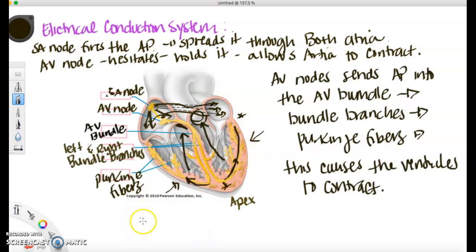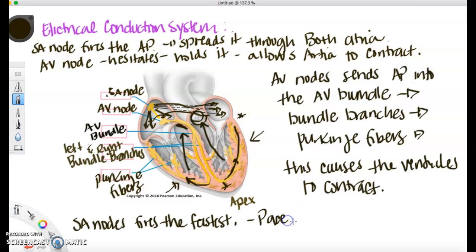The SA node fires the fastest. And it starts everything, okay? So it starts every heartbeat. It is the pacemaker of the heart.